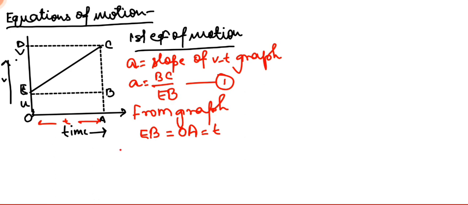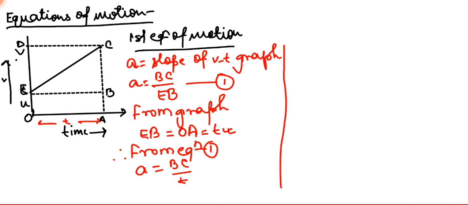Therefore, from equation 1, we can write a is equal to BC divided by EB, where EB is equal to t. Therefore, now we can write it as a multiplied by t is equal to BC. Let us consider this is equation 2.